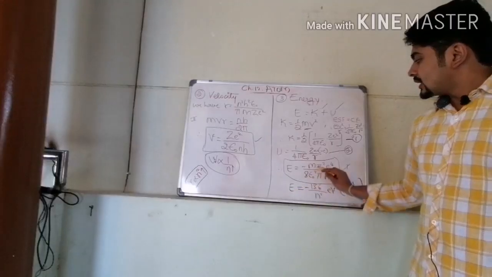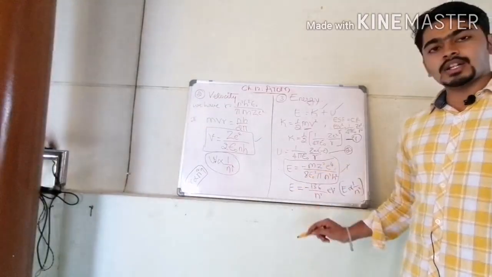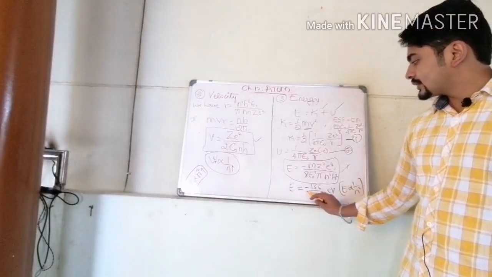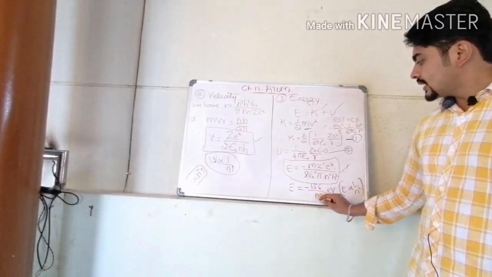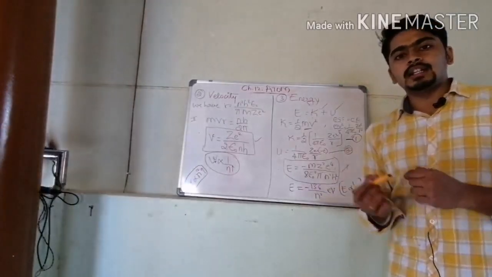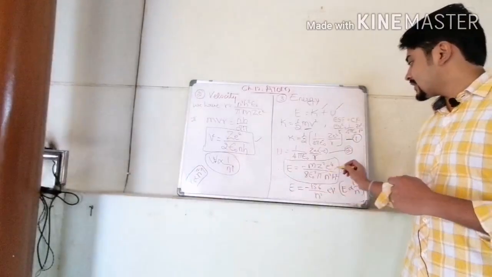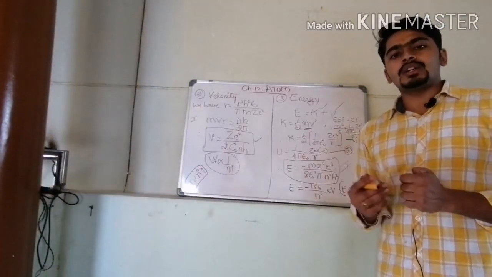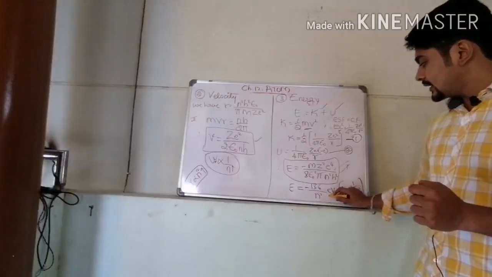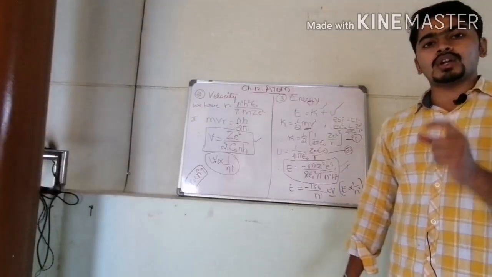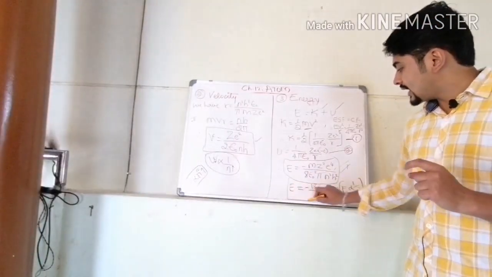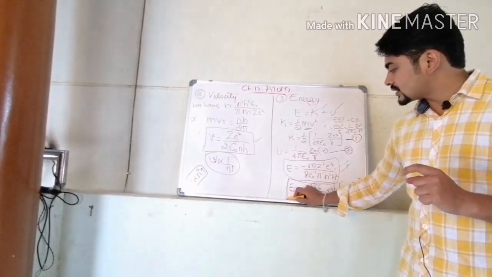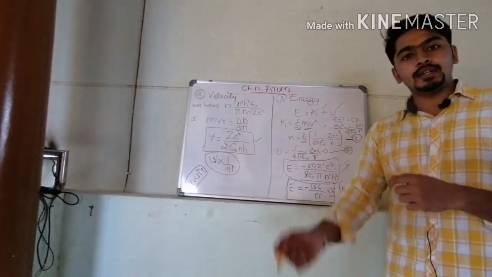So these are some constant parameters. On substituting those values, E is equals to minus 13.6 by n square in terms of electron volt. This equation is in terms of joules. On dividing by the charge of an electron, we are getting it in the form of electron volt. So this is the energy of electrons in specific orbits of the hydrogen atom.